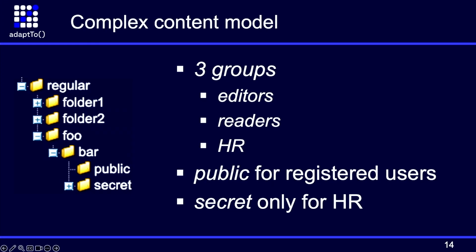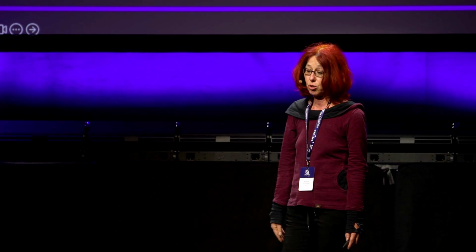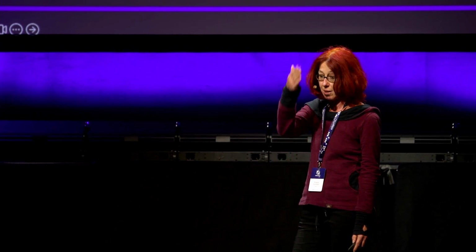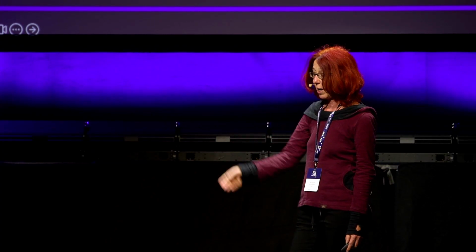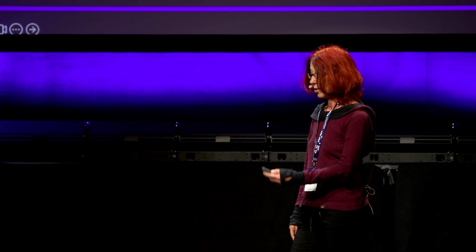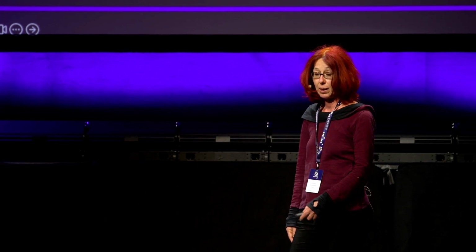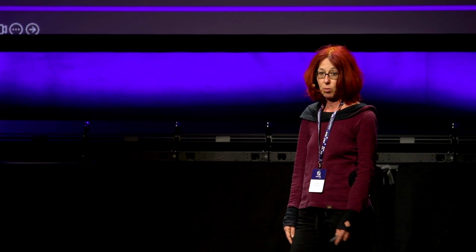I'm saying simplified because what we see in reality is that these kinds of structures and the corresponding access control setup are distributed over multiple subtrees or multiple levels of the hierarchy. So you might have one access control list with 1,000 entries on the regular folder, and another access control list somewhere on folder 2, and then on public and in secret and on public 2 and sub-public 3.